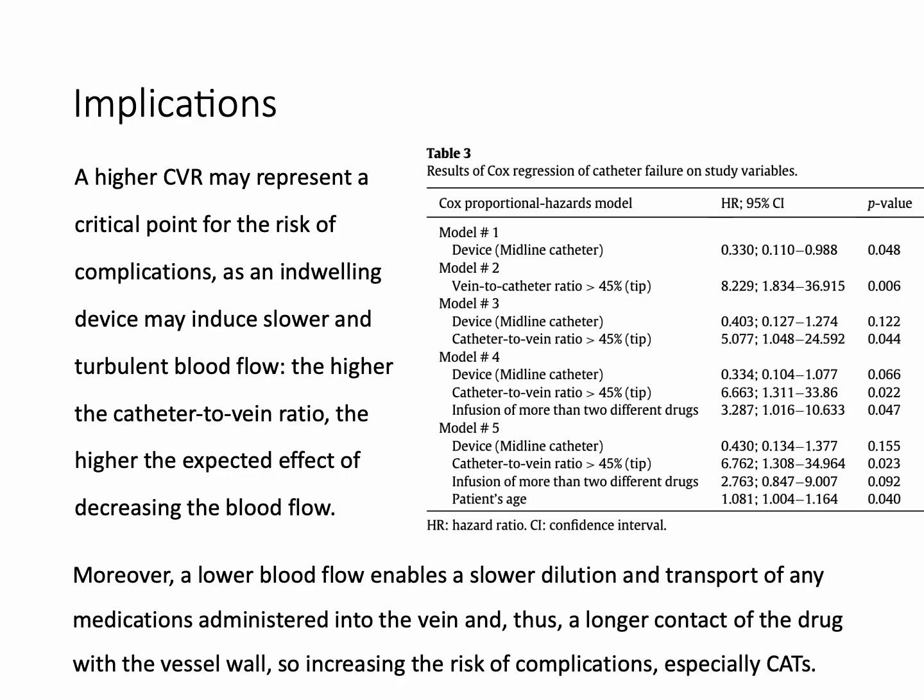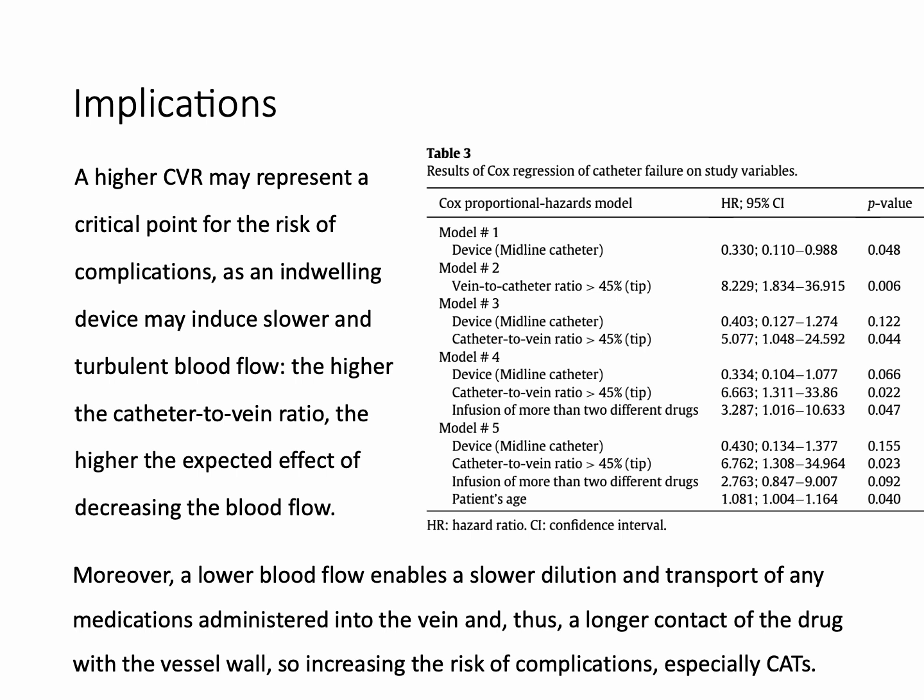Looking at the Cox regression of catheter failure on the study variables from the Fabiani study, a higher catheter vessel ratio may represent a critical point for the risk of complications, and an indwelling catheter device may induce slower and turbulent blood flow. Therefore, with higher catheter vein ratios there is a higher expected decrease in blood flow.